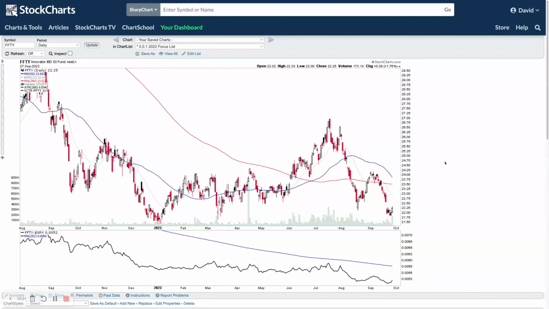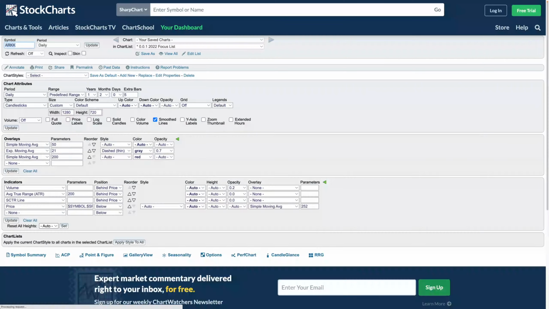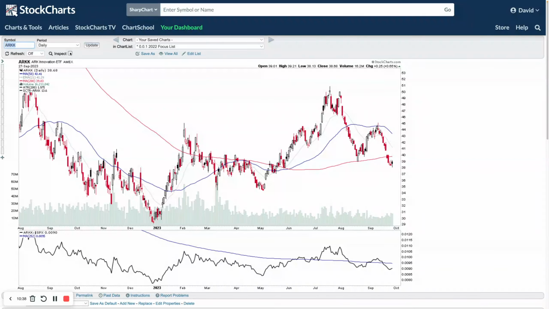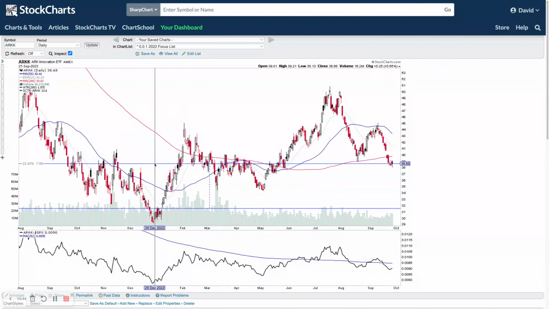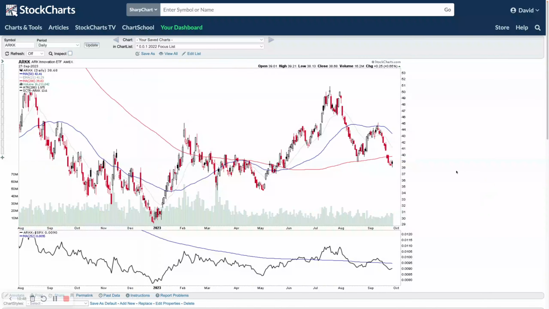So they're in a reasonably similar position, and your ARK-K probably similar to that as well. Look at that. Actually doing a bit better by comparison to those, up 22% at the moment. So significantly better than both of those, but still underperforming versus the Nasdaq 100, for example.